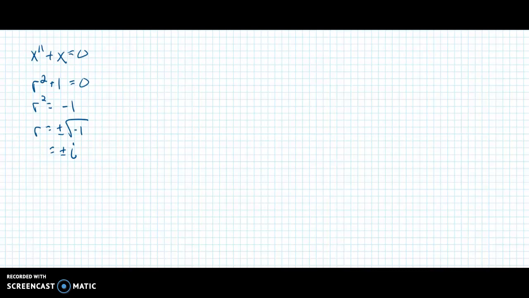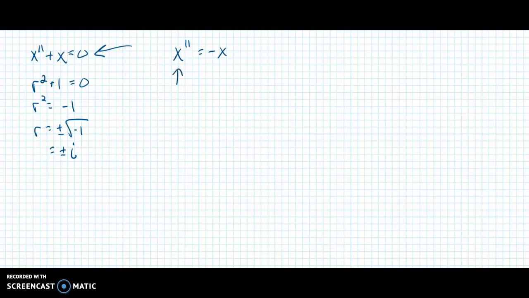Before we do that, I want to try to intuitively solve this equation. To do that, I'm going to write it a little bit differently. I'm going to write x double prime is negative x. Now let's think about this.